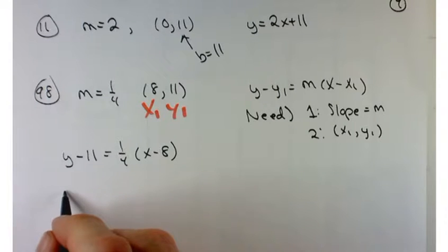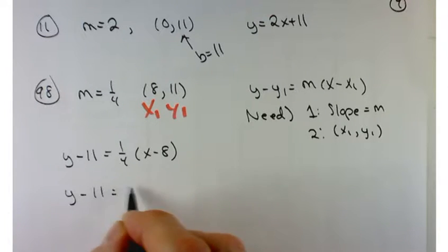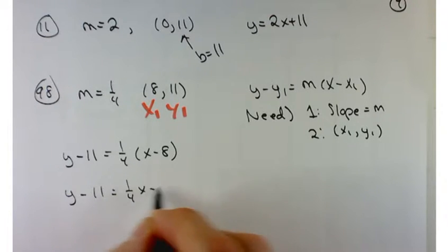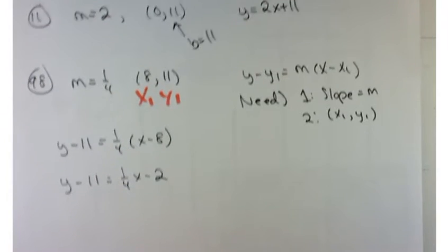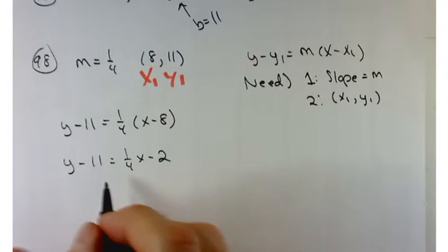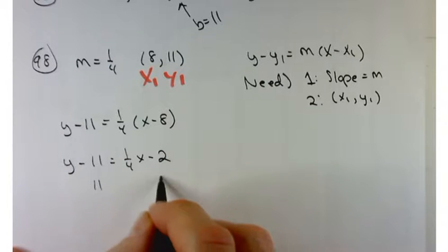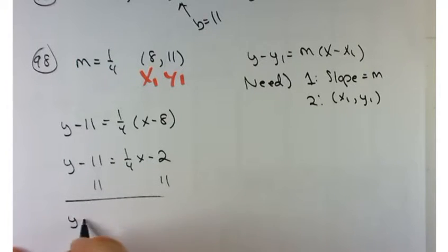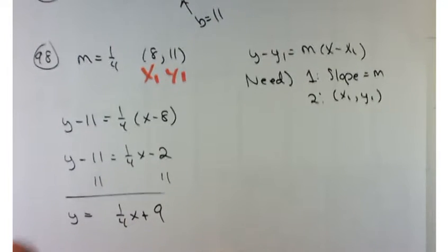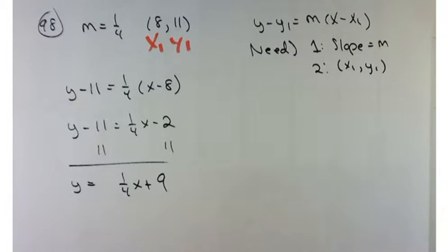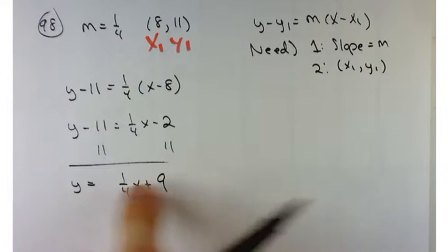So y minus 11 equals 1/4 x minus 2. If I add 11 to both sides, I end up with y equals 1/4 x plus 9. Yay. So that's my equation of a line in slope-intercept form.